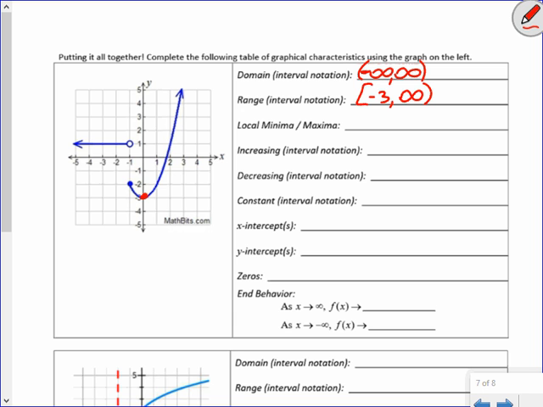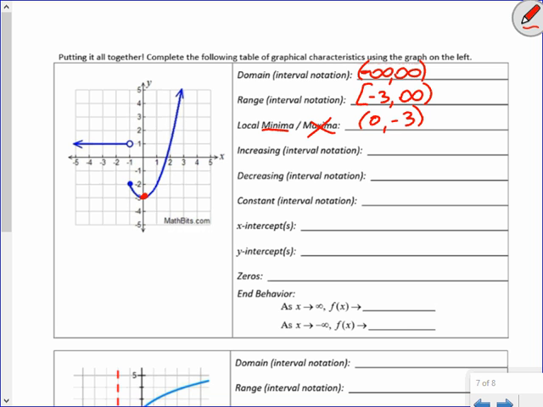This is both a relative minimum and an absolute minimum because it's the lowest point on the entire graph, as well as in a kind of smaller section if you wanted to look at it piece by piece. So this would serve the purpose of both a relative and an absolute. But in any case, we're going to write that as our minimum. So that ditch right there that represents our minimum is at the point 0, -3.